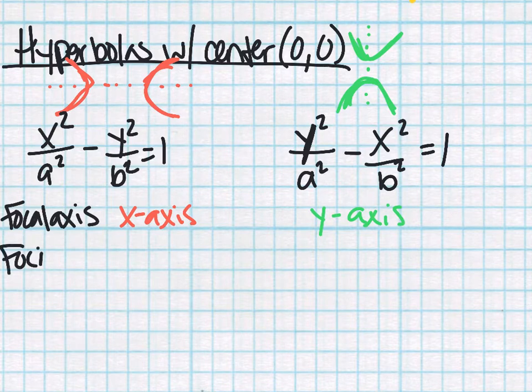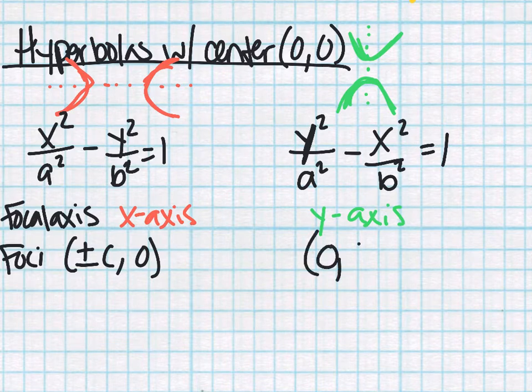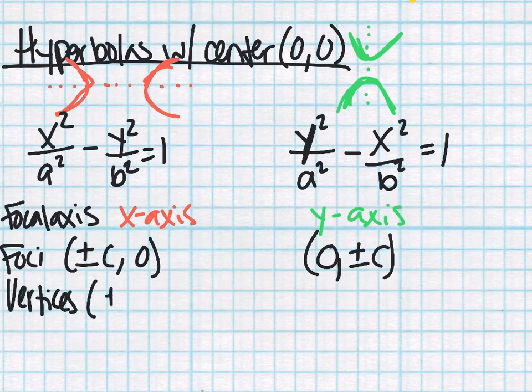The foci on this one has coordinates of plus and minus c, 0. And our vertical one has the foci coordinates of 0, plus and minus c. Then we have the vertices. So the coordinates for our vertices are plus and minus a, 0, and 0, plus and minus a.